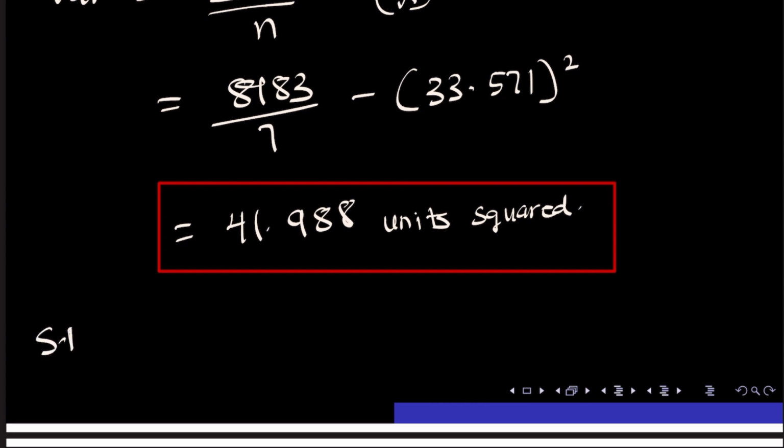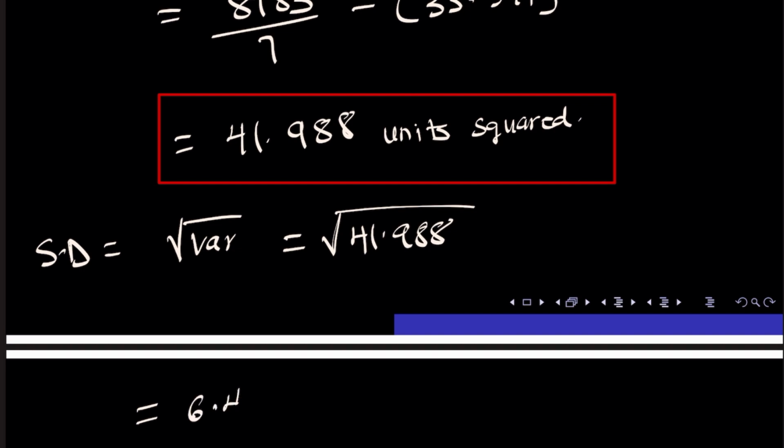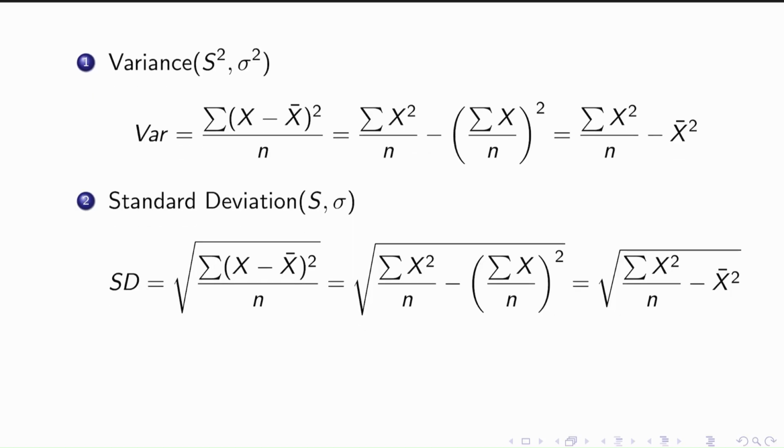Then the standard deviation will be the square root of the variance. So we're going to have the square root of 41.988, which is going to give us 6.4798 units.